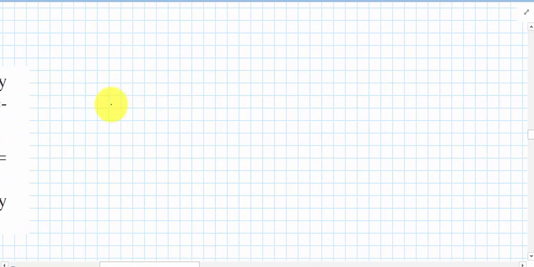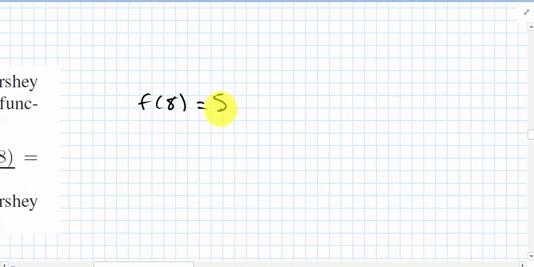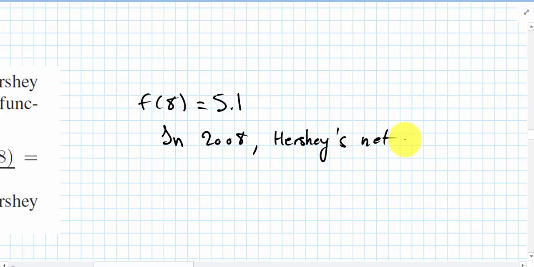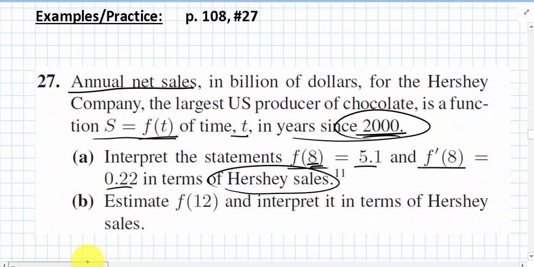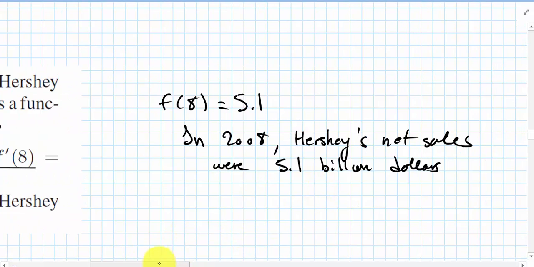So f of 8 equals 5.1 means that in 2008, Hershey's net sales were $5.1 billion. Billion dollars. I don't think there's an S at billion, right? I never know this one. It's in billions of dollars. Yes. So that's their revenue in 2008.